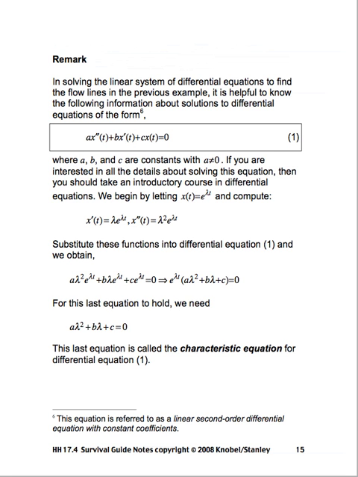Okay, so what I've done is I started with a system of two linear differential equations in x and y. And I reduced the system to something of this form. In fact, my equation is written in this generic form.